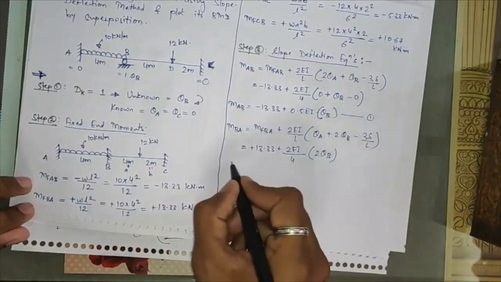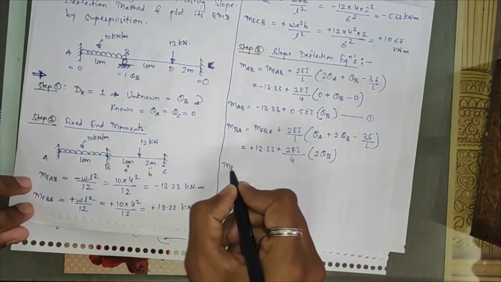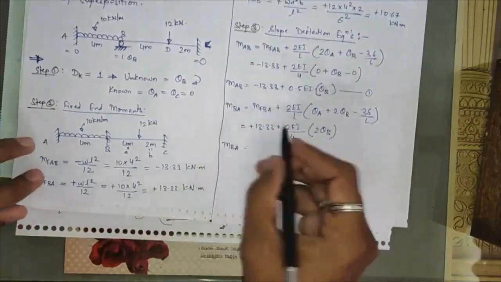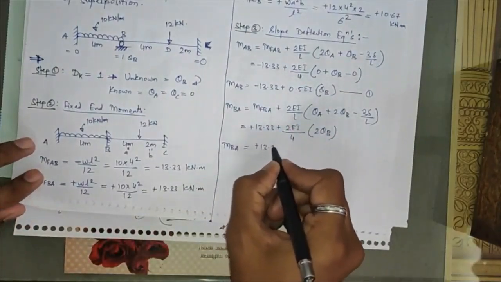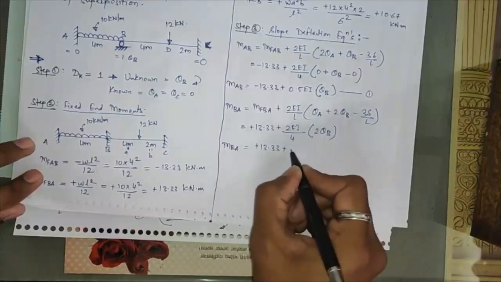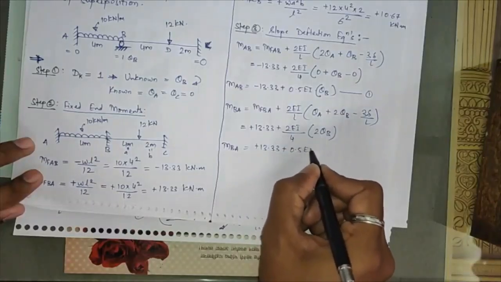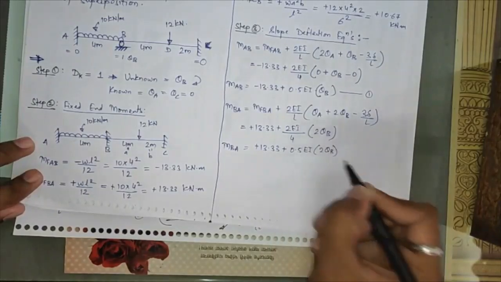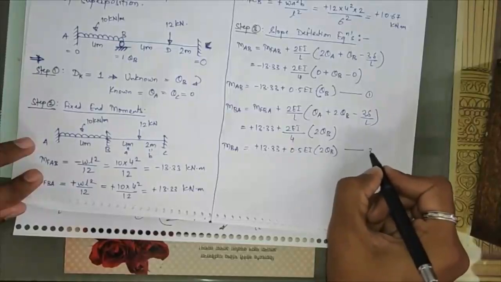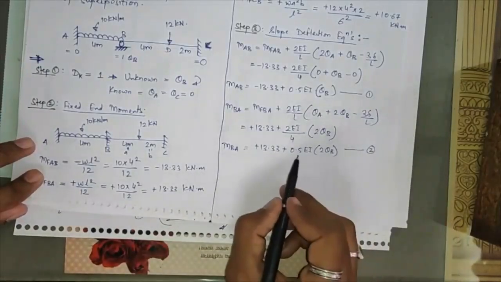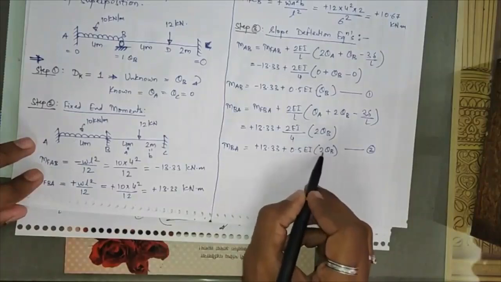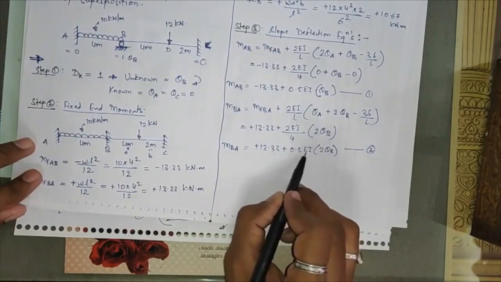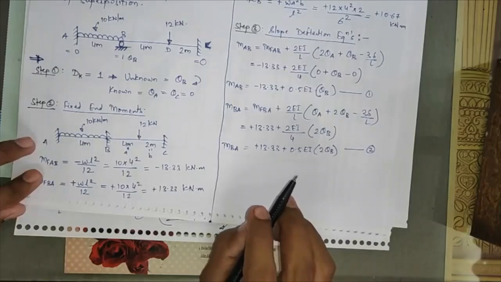So if you modify this, MBA is equal to plus 13.33 plus 2 by 4, that comes equal to 0.5 times EI into 2 times theta B. This I'll call equation number 2. You can further modify this: 0.5 into 2 becomes 1, so EI into just theta B will remain.